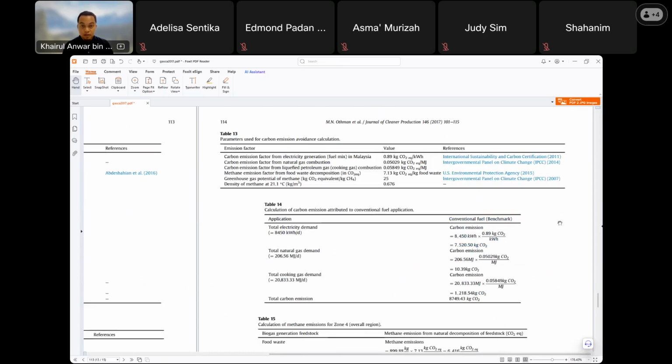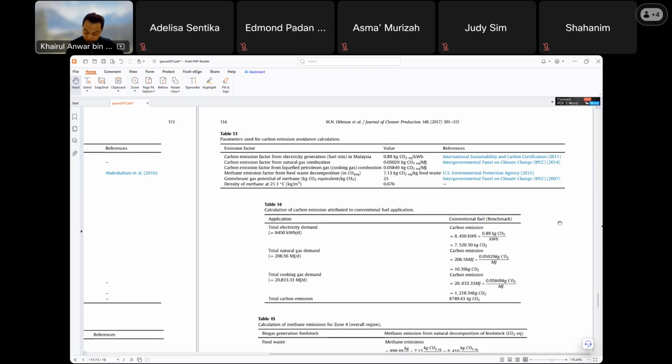Okay. Is this the reference where they get the value? More specifically, carbon emission avoidance through biogas energy system is due to substitution of conventional fossil fuel, and avoidance of methane generation from natural decomposition of biomass feedstock.